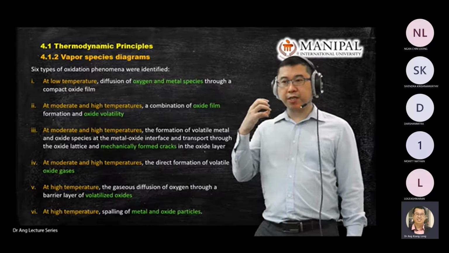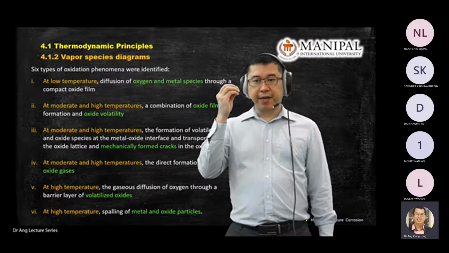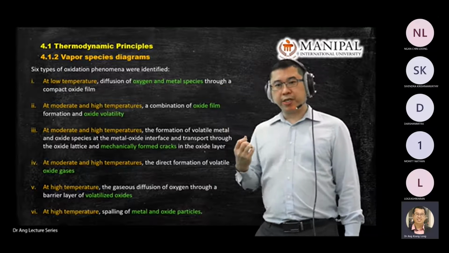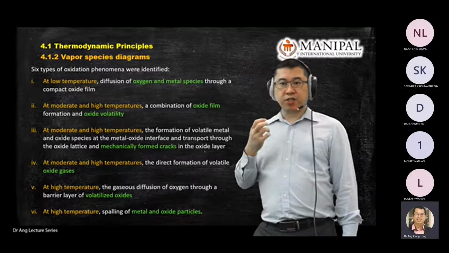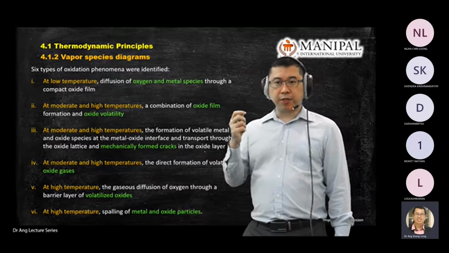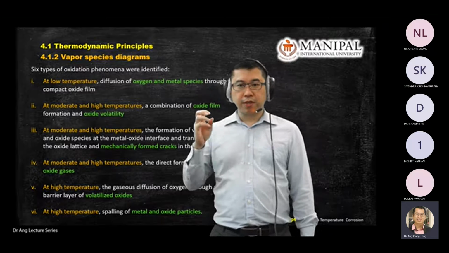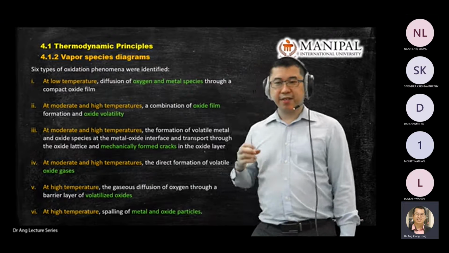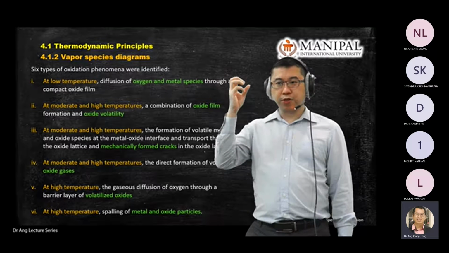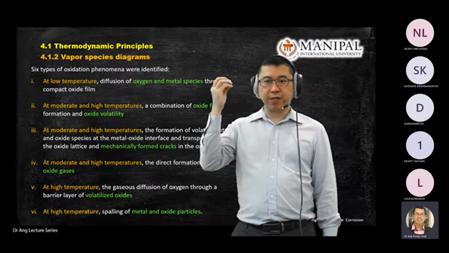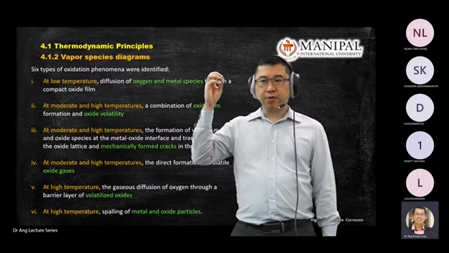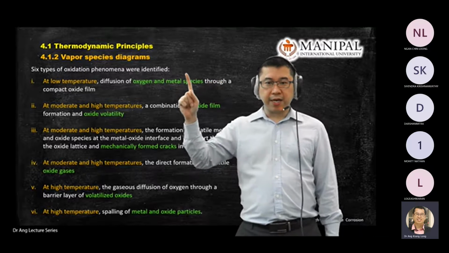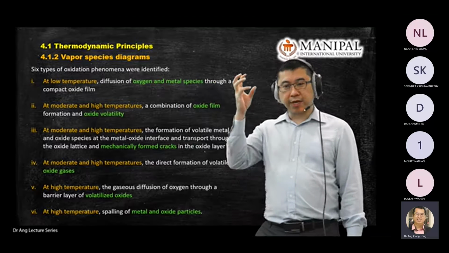Just imagine the changing of state of a chemical element, like an ice cube and water. At low temperature, you get ice, a solid formation or solid state. How do you get the ice cube? You form two things together, oxygen and the metals. Then you get a solid state.